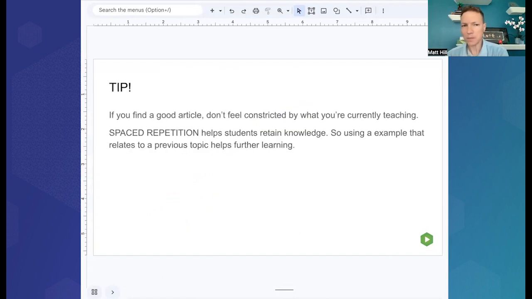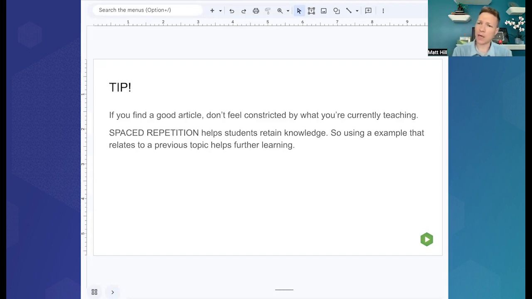Okay, all right. So that's an example of how you might use a topic from the news in your classroom. And if you see something good, you shouldn't shy away from using it in your classroom, even if it doesn't directly relate to what you're currently teaching.